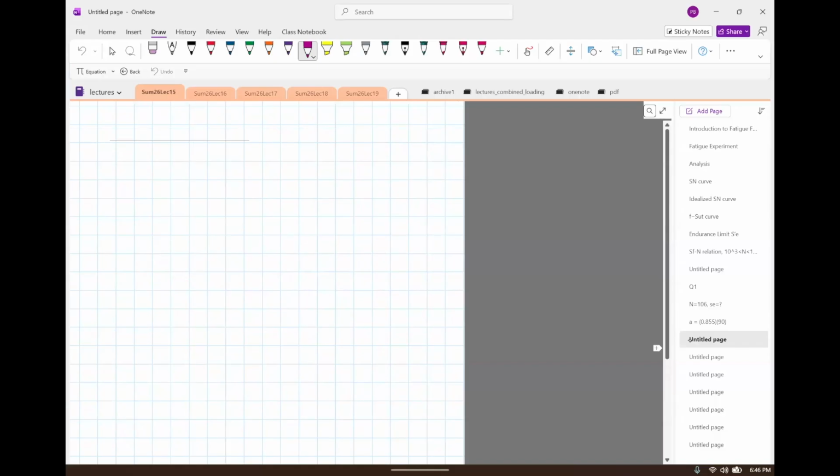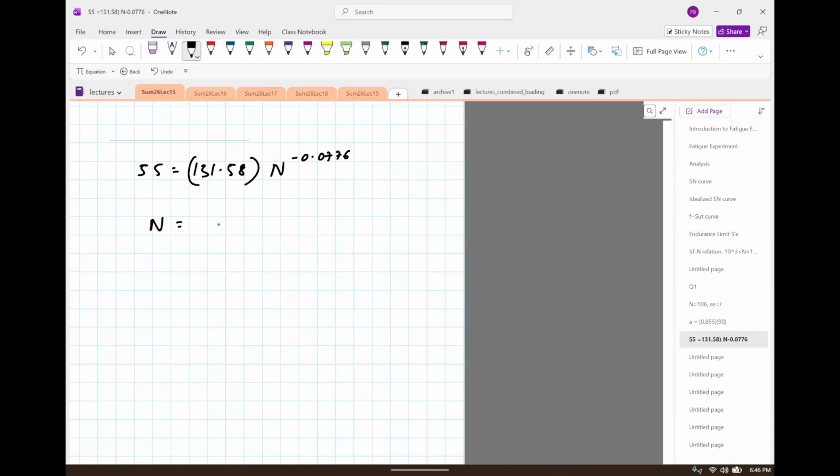So let's use that equation now. SF is 55. A is 131.8, I think. This constant doesn't change. It's the same as before, because the material has not changed, so you'll have the same value. N is unknown, and B is minus 0.0766. Okay, so if you want to solve for N, what we do is we bring this down, and then we do 1 divided by minus 0.0766.